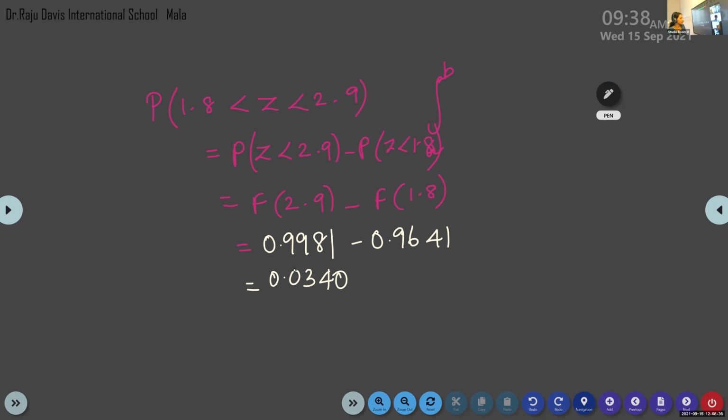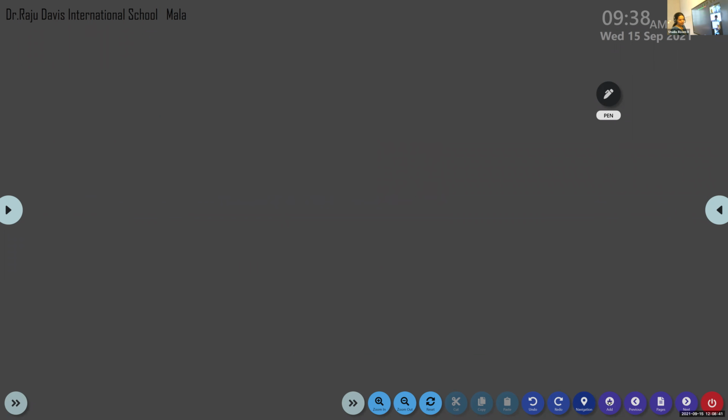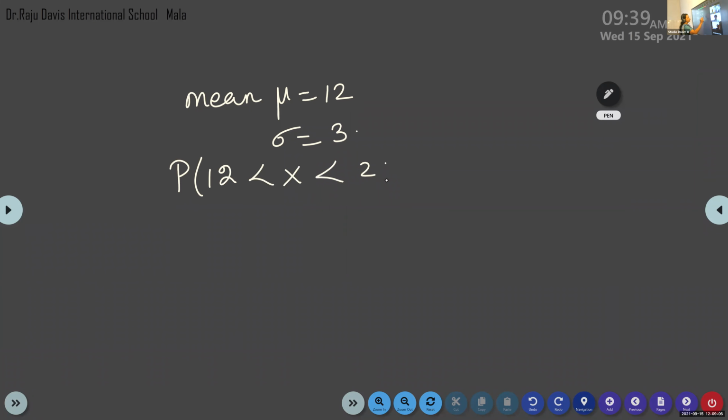X is a normal distribution with mean 12 and standard deviation 3. Find P of 12 less than X less than 21.